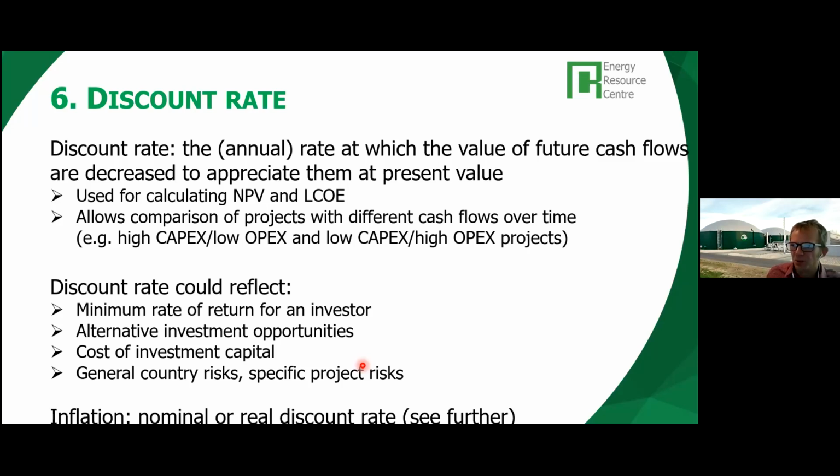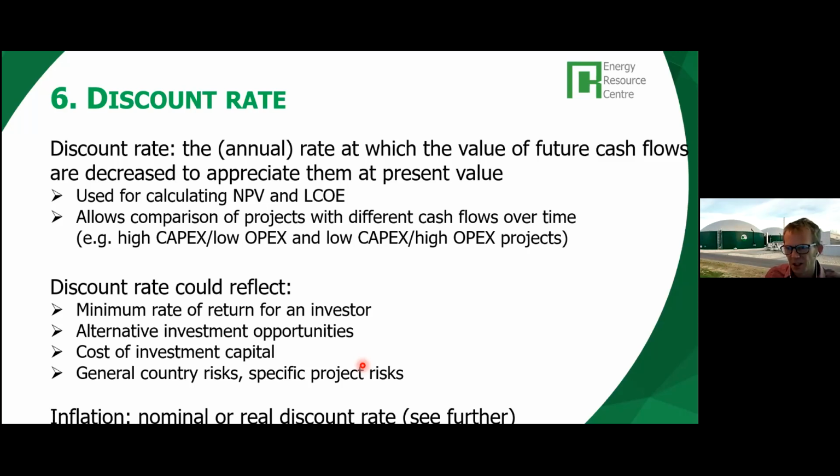The third option would be what is the actual total cost of the capital that's being invested. So let's say if you need to finance a project with parts bank loan and parts equity, then each component of the financing mix will have its own minimum return, its own percentage of return.